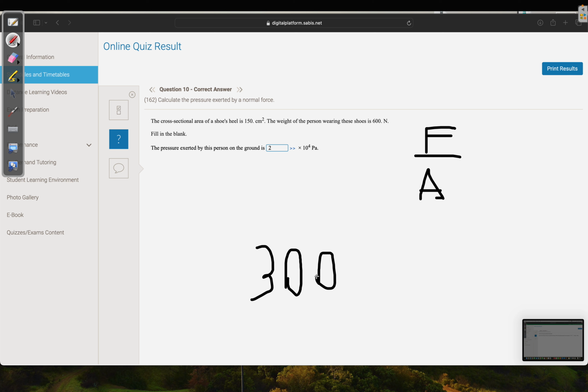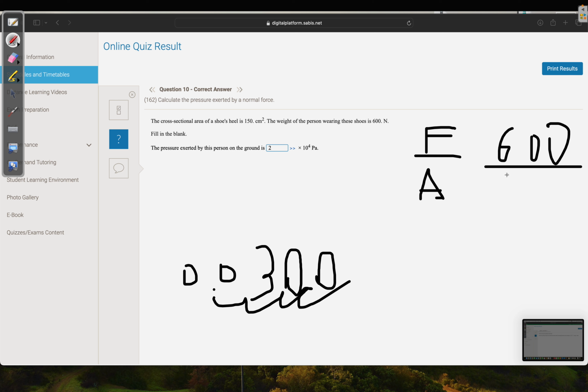But we're going to have to convert that to meters squared by dividing by 10,000, which will give us 0.03. Okay, so we're going to do 600 over 0.03, which will give us 20,000.